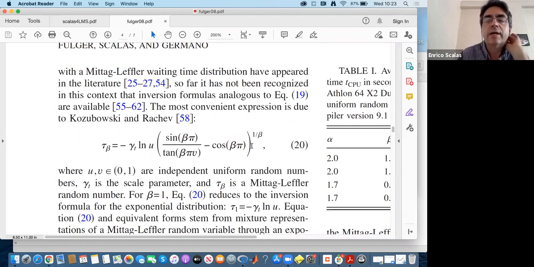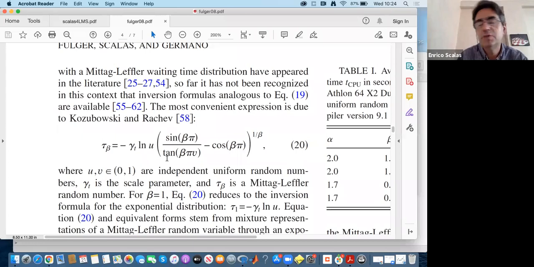You see, there is this logarithm of u, and for beta equal to 1, this is 0. So you just have minus gamma t logarithm of u, which is exactly the formula that you use for the exponential distribution.